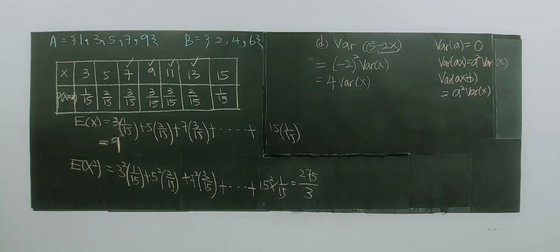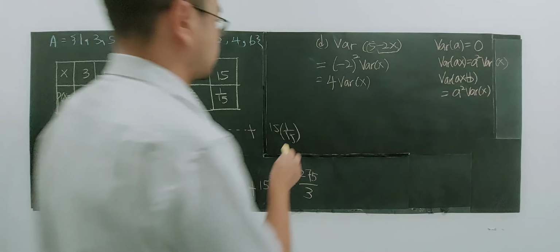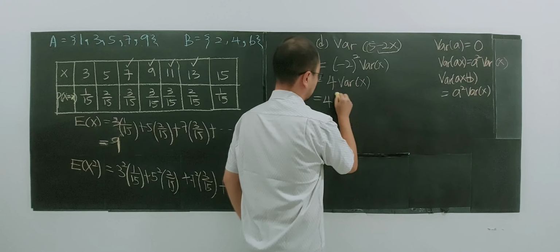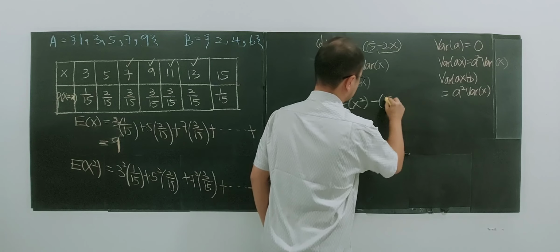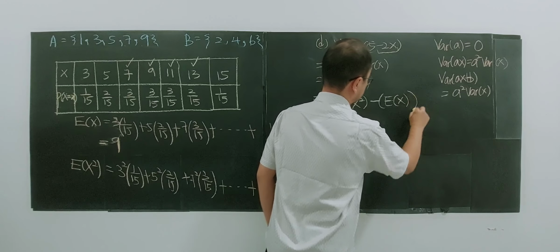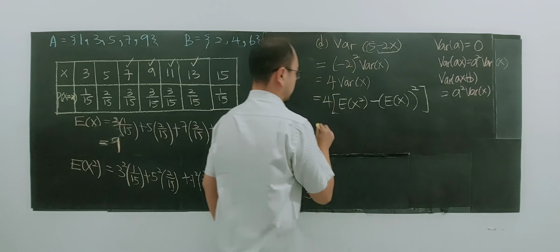You know that the formula for variance will be E(X squared) minus the mean squared, the expected value of X.